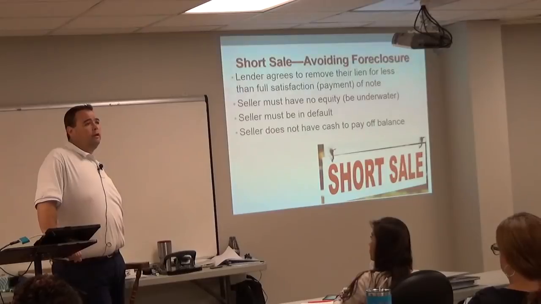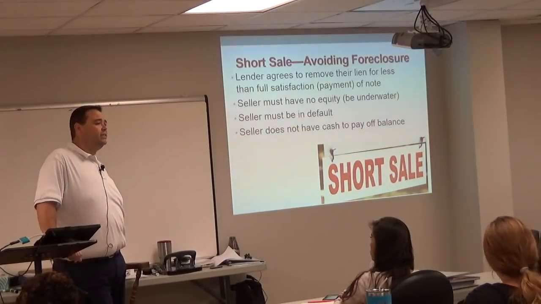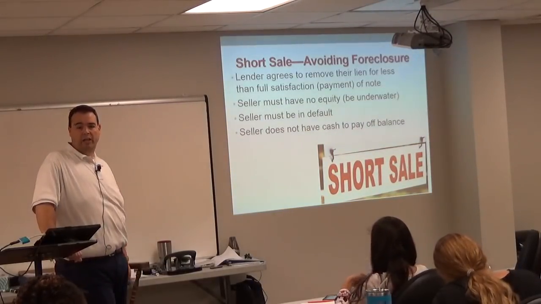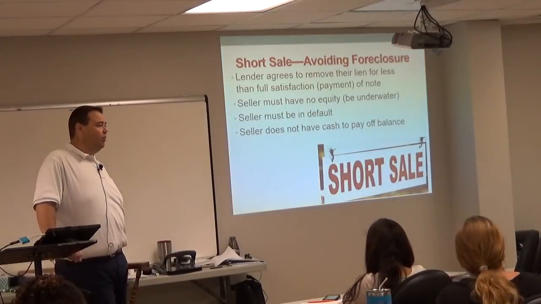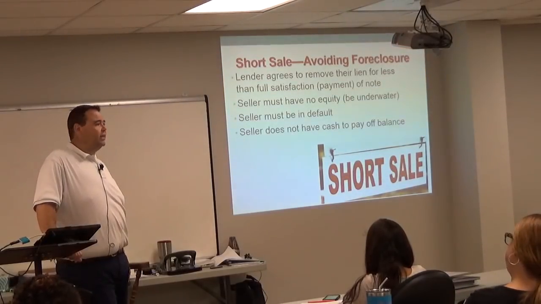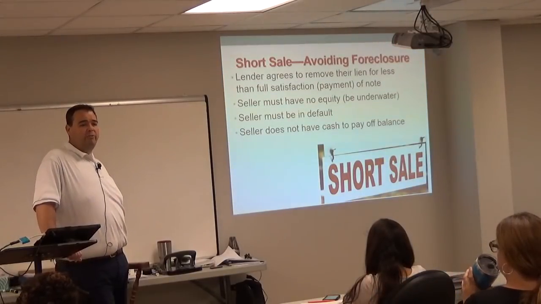And I just got to sell it. And I want you guys to let me sell it for less than I owe you. Because that's what a short sale is. The bank's letting you sell it for less than they are owed. And she's asking SunTrust to let her sell it for less than they're owed. And they pull up her account and she's current on that mortgage. What do you think they're going to say to her?